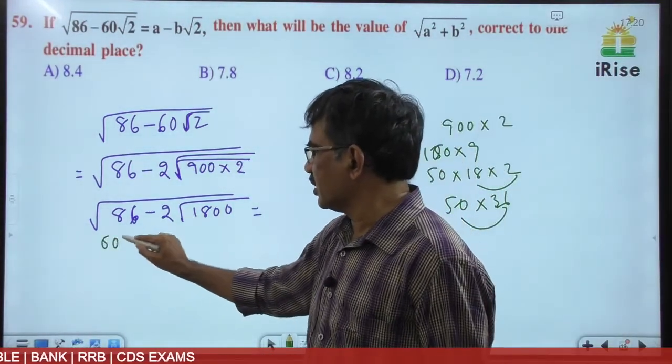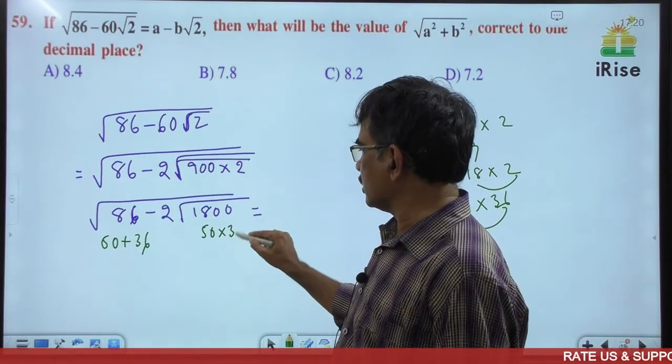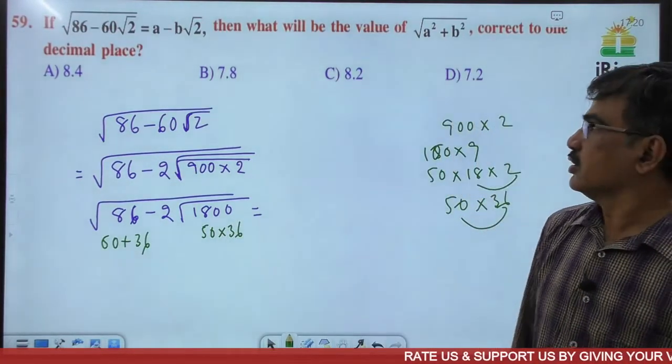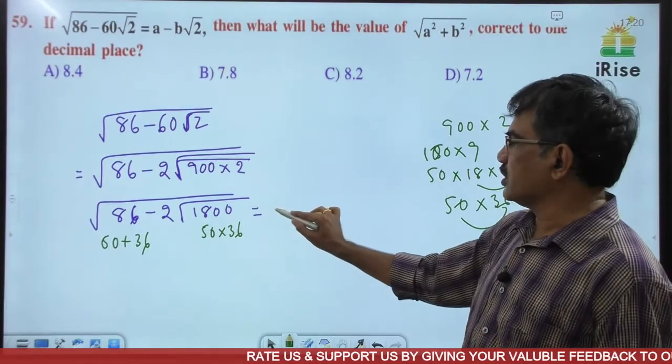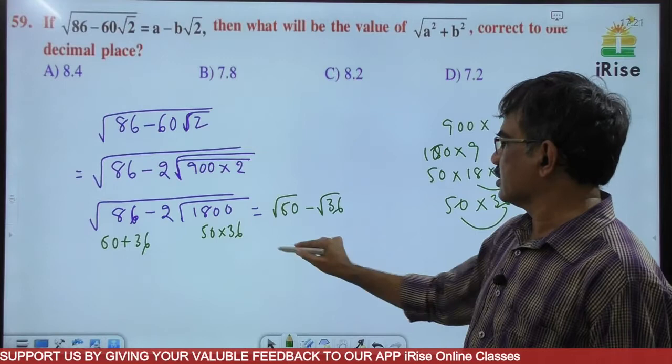So this is nothing but 50 plus 36, and this is 50 into 36. Therefore the square root of this number is root 50 minus root 36.